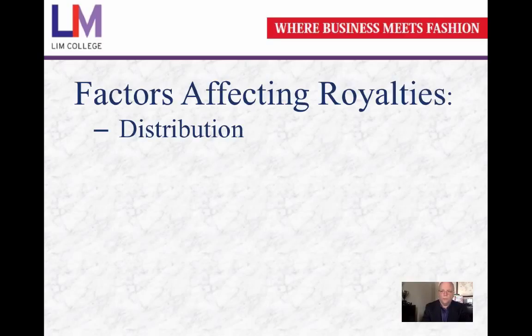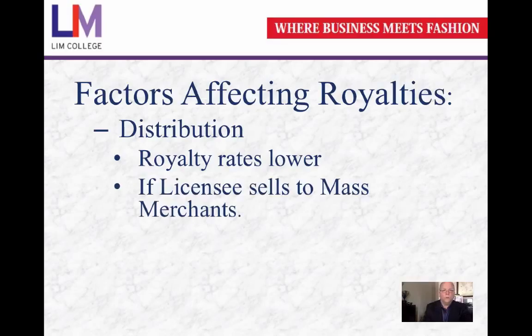The second factor that affects royalties is distribution. So we have the law of supply and demand as number one, and the second one is distribution. Royalty rates are usually lower, 5 to 7%, maybe 8%, if a licensee sells to mass merchants. So if your distribution chain is mass merchandise places, then the royalty rate is going to be lower.